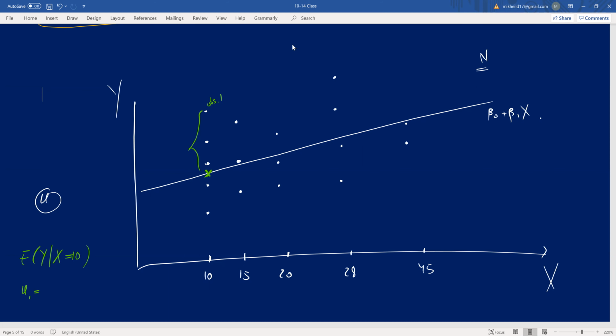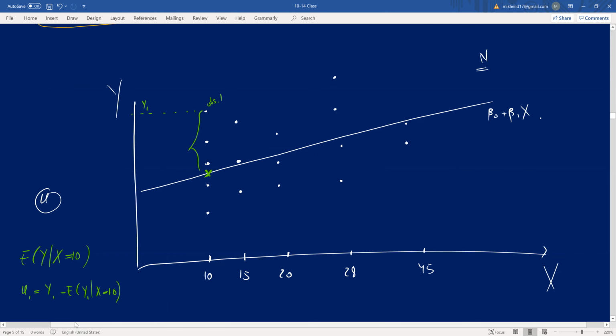So here would be Y1, right? And that will be y1 minus expectation of y1 conditional on x equals 10.